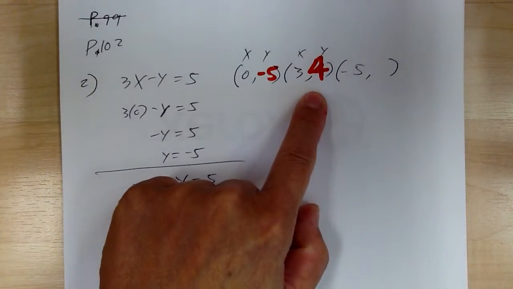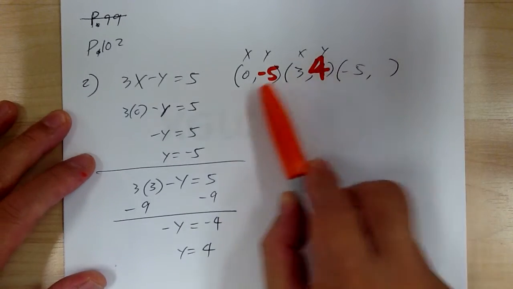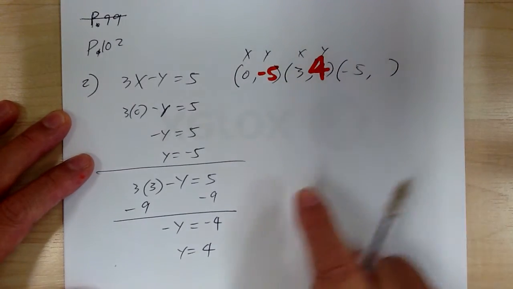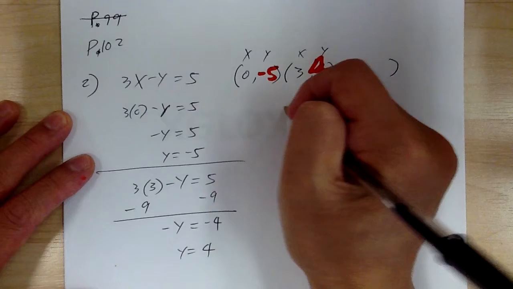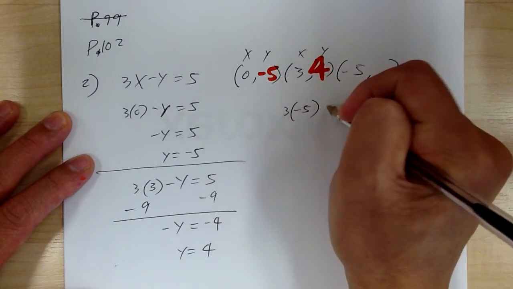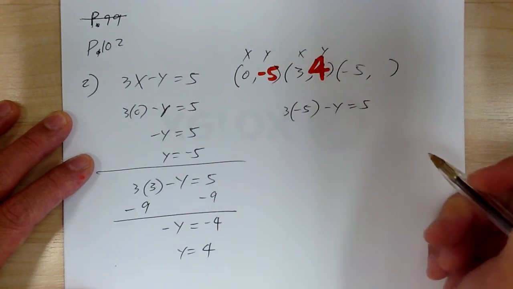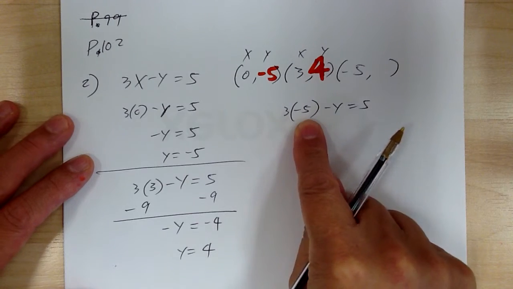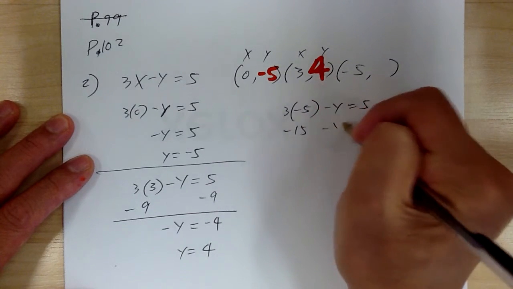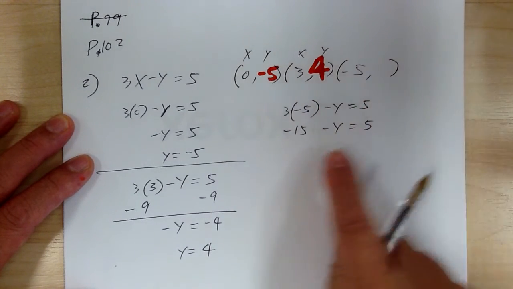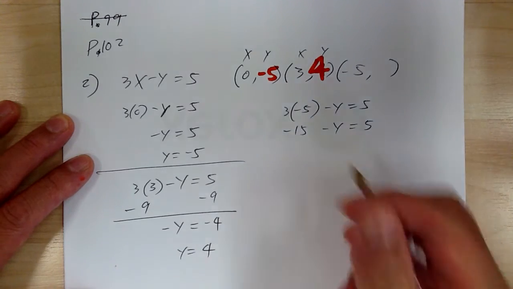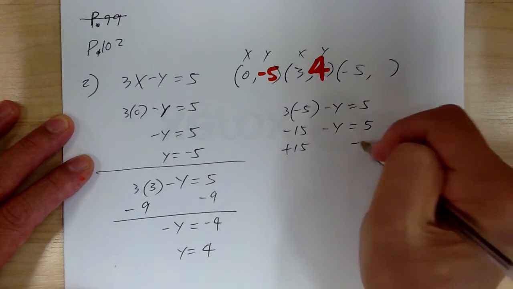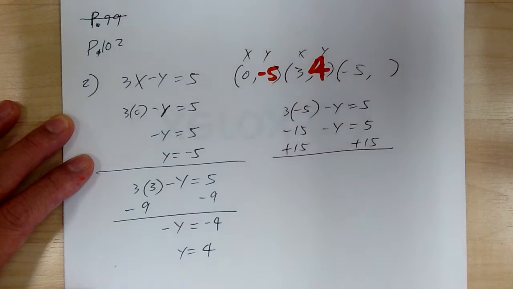Again, I use the Sharpie so that you know which is my answer, right? Now I'm going to do the -5. So again, 3 times -5 minus y equal to 5. So this is -15. Because negative is very easy to make a mistake, I'm going to do one more step, multiply out. Write down what you're going to do so you don't mess up your sign.